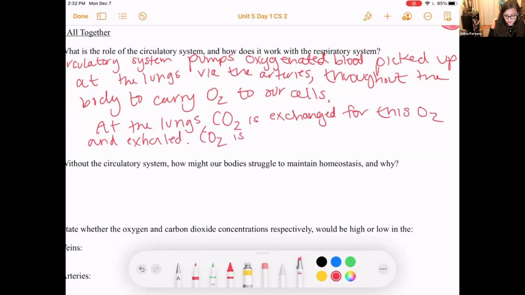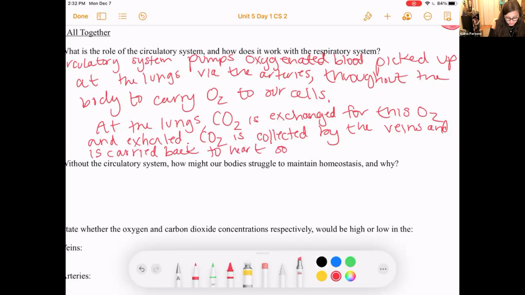The CO2 is collected by the veins and is carried back so the CO2 can be released. And my small caveat here is that all of the actual gas exchange is happening in the capillaries.